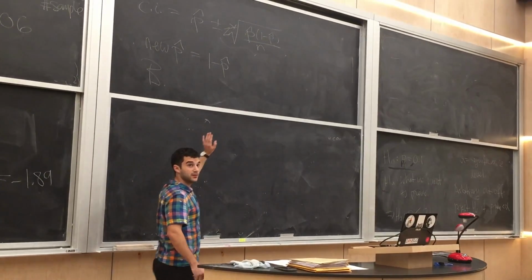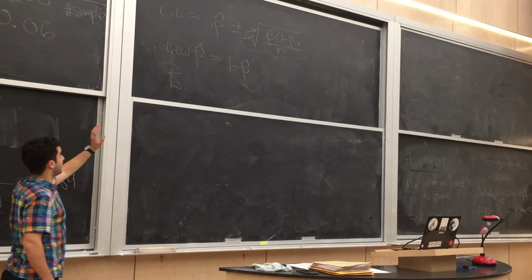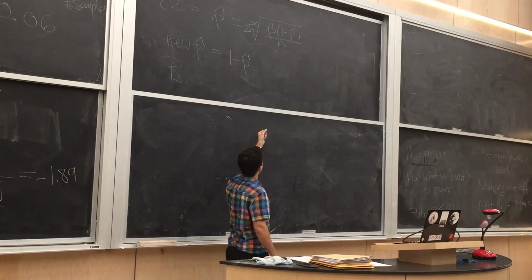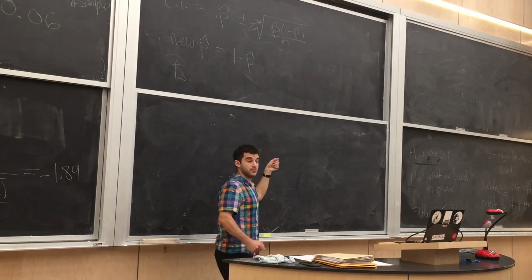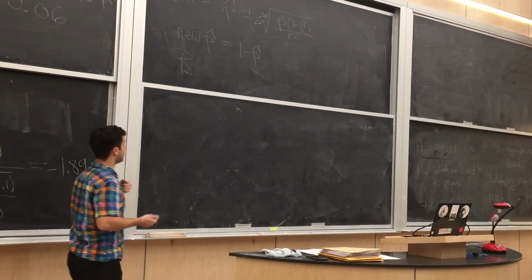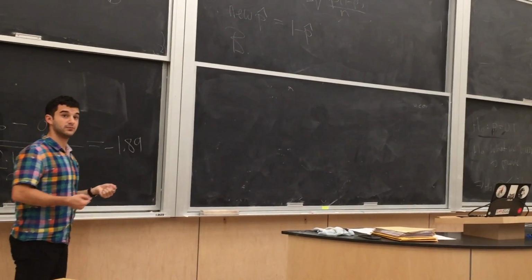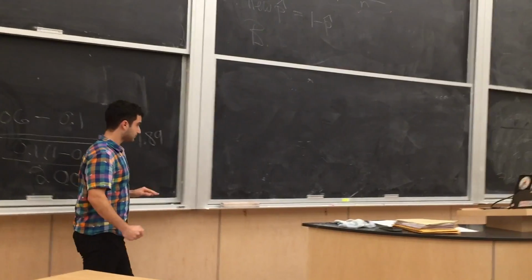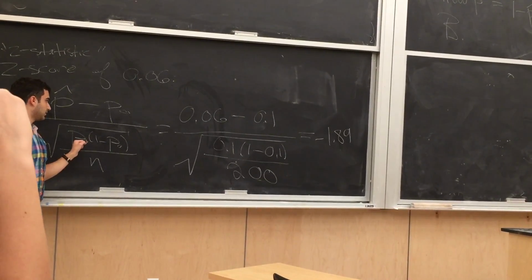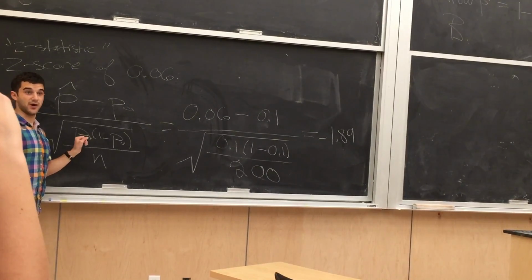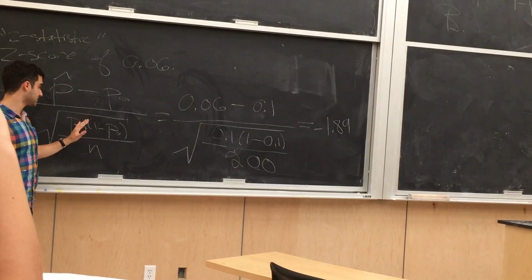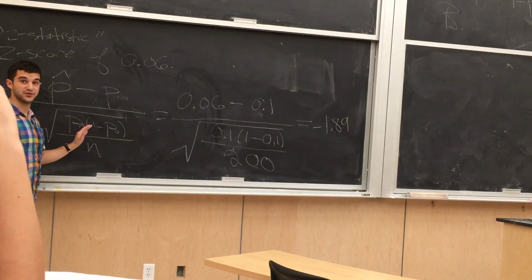In any case, we should be using the population proportion to get an exact answer. When we're hypothesis testing, what we use for the population proportion is always dictated by the null hypothesis. So that's why we have p naughts here.